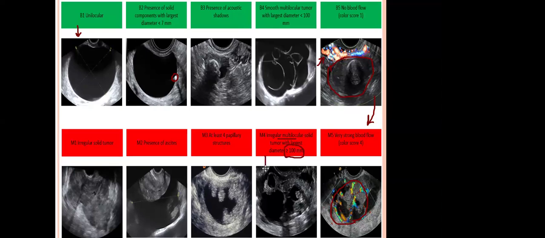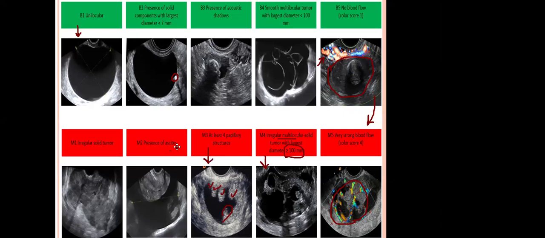This is highly suspicious to be malignant. If you have more than 4 papillary projections inside the lesion, 1, 2, 3, 4, maybe 5, okay? So this is highly suspicious for being malignant.